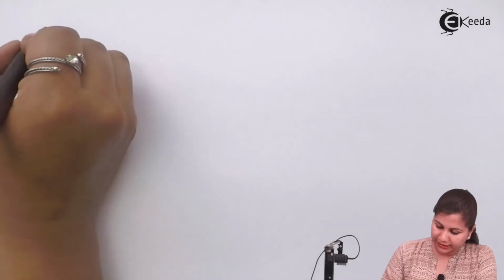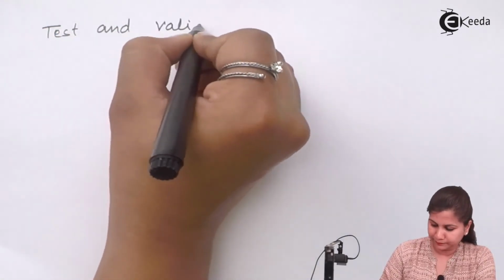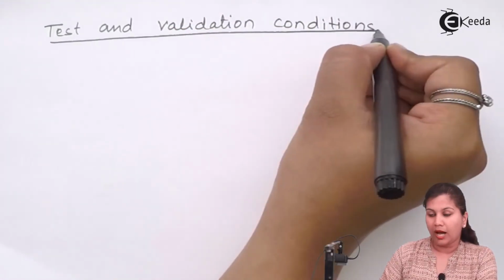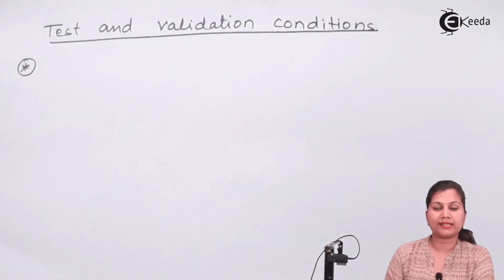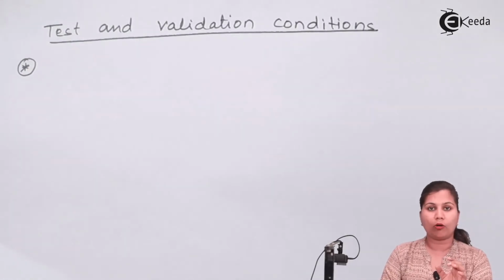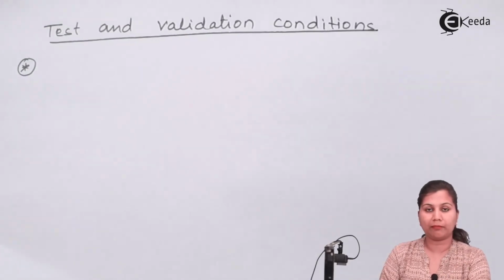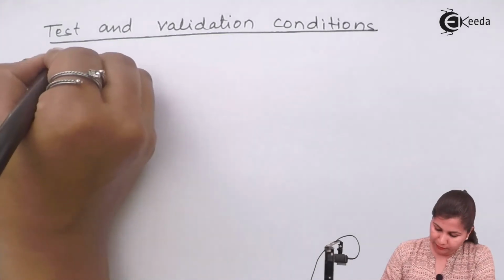Now, after the manufacturing, the testing and the validation of the camera is done. The test and validation conditions are about how the camera is tested. First, all the user commands must function correctly. All the buttons on the camera, whatever commands the user gives, that function is to be performed properly and correctly by the camera.